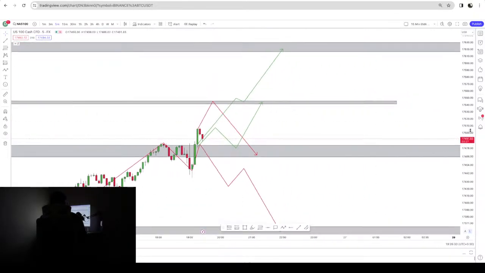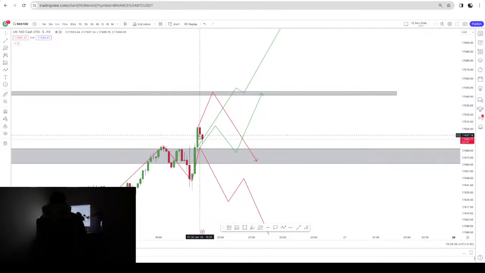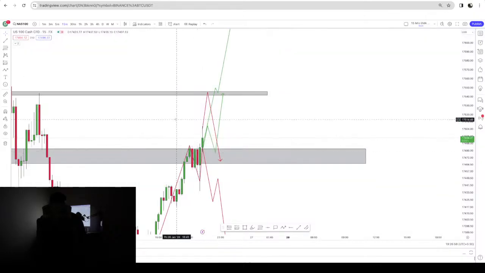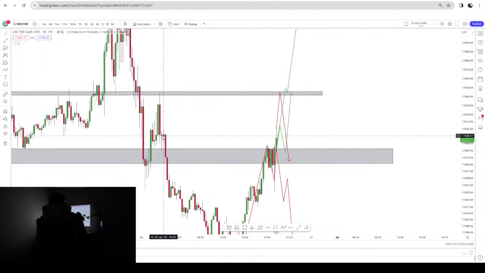So I feel selling here is a good idea because it is also kind of a resistance zone and we are having an engulfing candle. And the scenario is quite bearish. This whole area is a zone here.